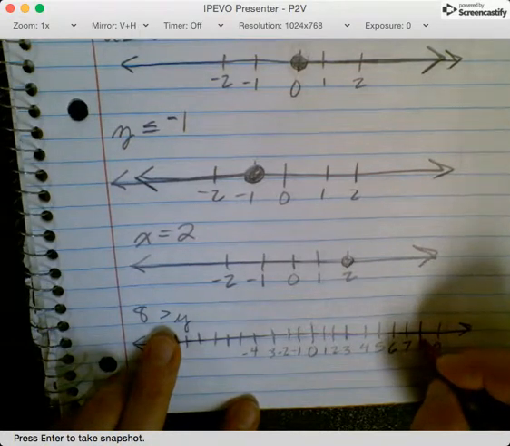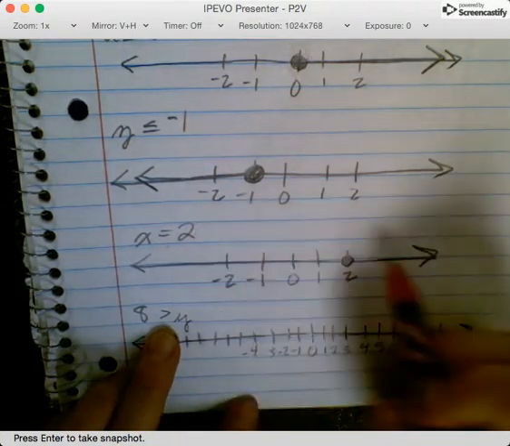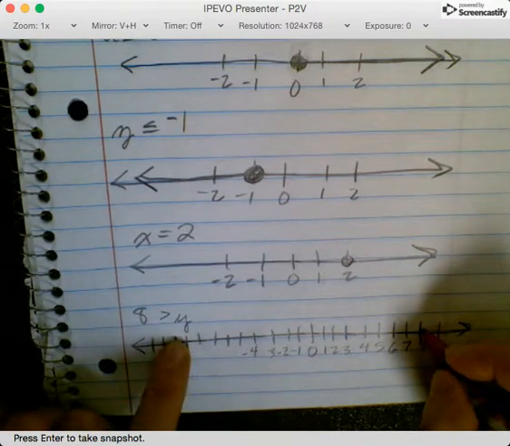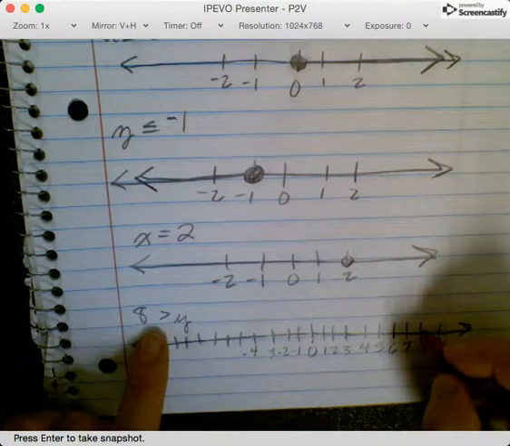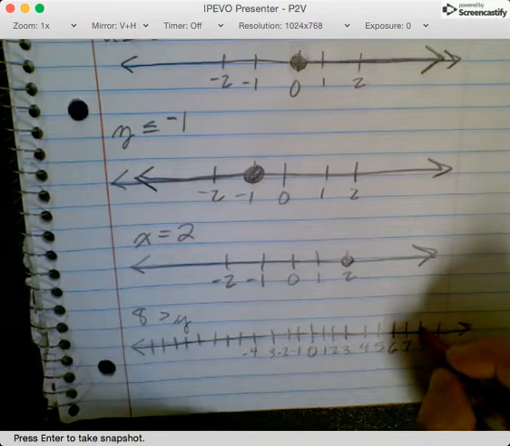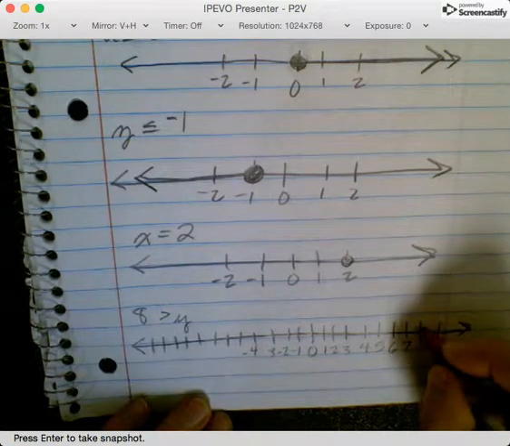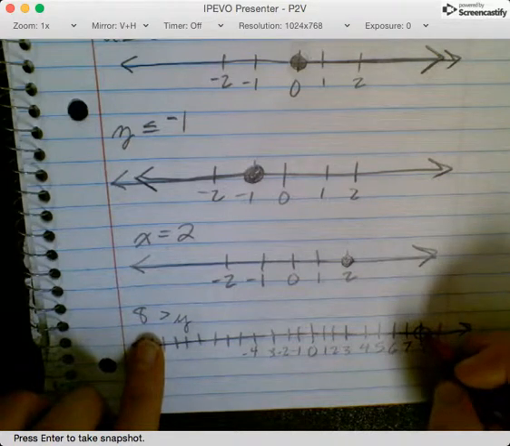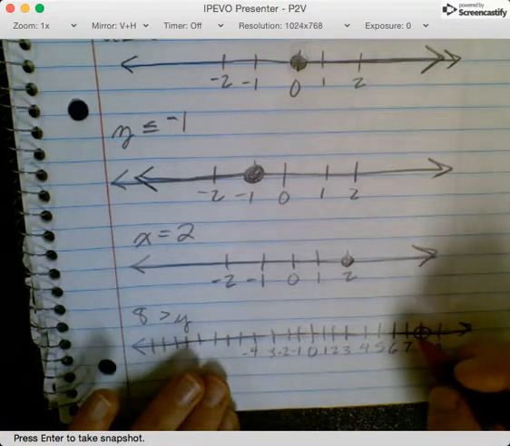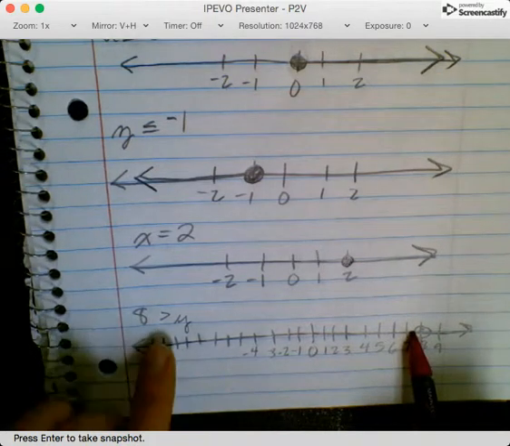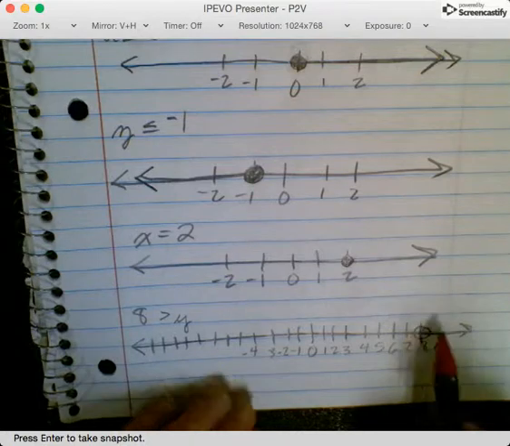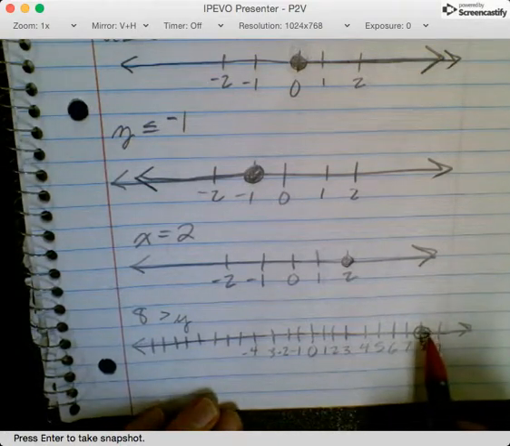So this time, if you notice, my 8 is on the left and my y is on the right. So don't let that confuse you at all. 8 is going to be where my circle is. There's no line drawn under it, so I don't need to fill it in. And it is greater than, that means y is going to be smaller, right, if 8 is greater.